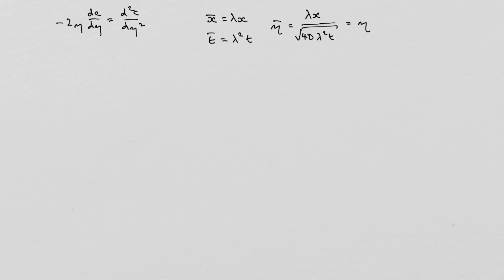But if the boundary conditions are invariant under this scaling, that means that the diffusion equation depends on eta only, the boundary conditions depend on eta only, and therefore the whole solution must only depend on eta. Okay? So it's called, if you like, a scaling method.